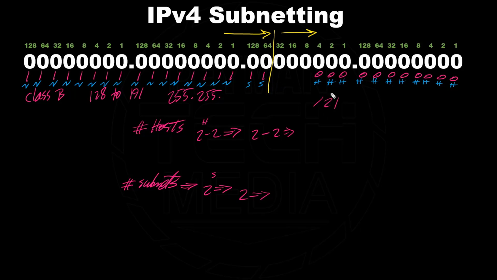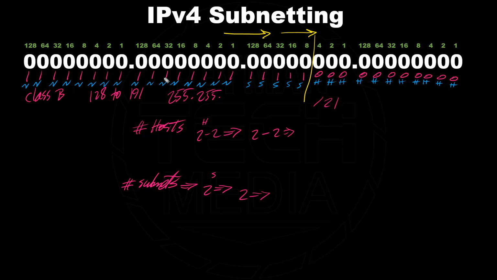Another example, I'm just using /21. So let's borrow more bits. So now our cut line is here. We borrowed from the host bits, so all this is subnet bits. So this was our original default subnet mask cut line, 255.255.0.0. We moved it to the right. We borrowed 1, 2, 3, 4, 5 bits from the host bits.